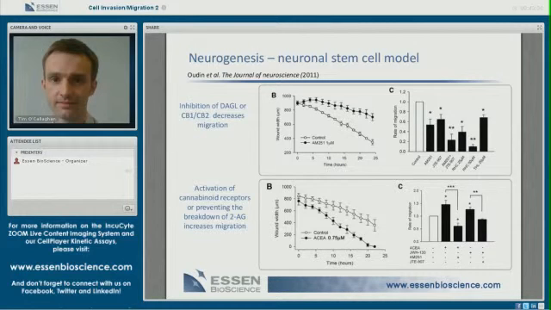The team also probed activation of the cannabinoid receptors, and they showed that activation of cannabinoid receptor 1 using a cannabinoid receptor 1 agonist increased the rate of migration compared to control. This increase in migration could be attenuated by the application of the cannabinoid receptor 1 antagonist, and these effects are reproduced using cannabinoid receptor 2 agonist and antagonist pairs.